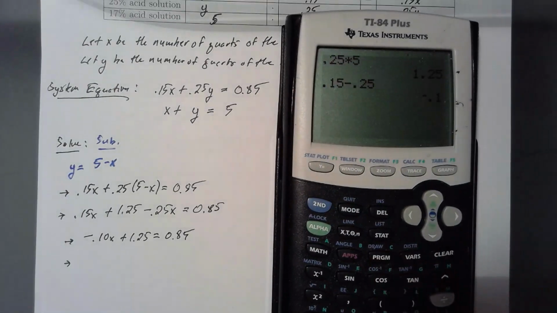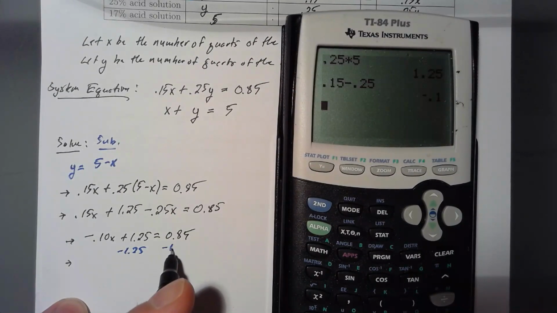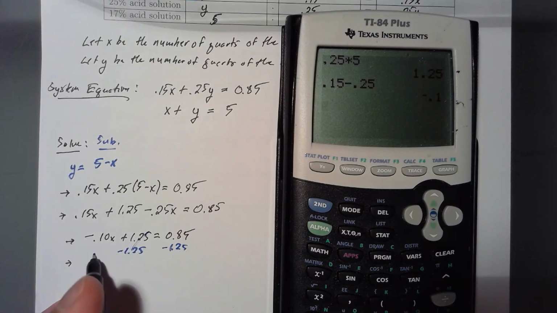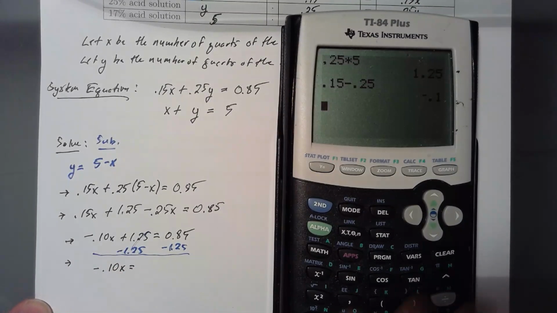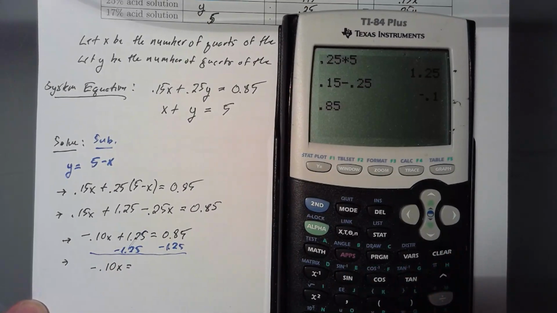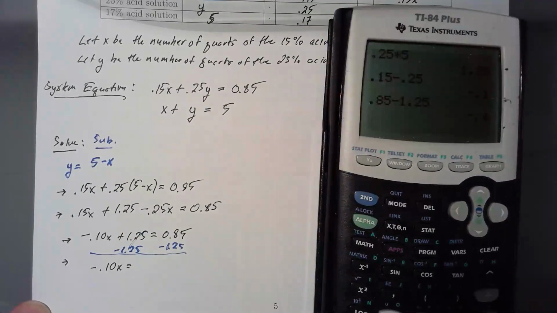Alright, so now to solve this, subtract 1.25 from both sides. So I'm going to get negative 0.10x. So 0.85 minus 1.25 gives me negative 0.40.